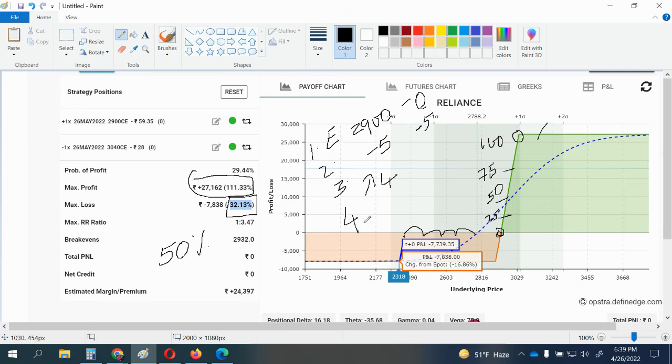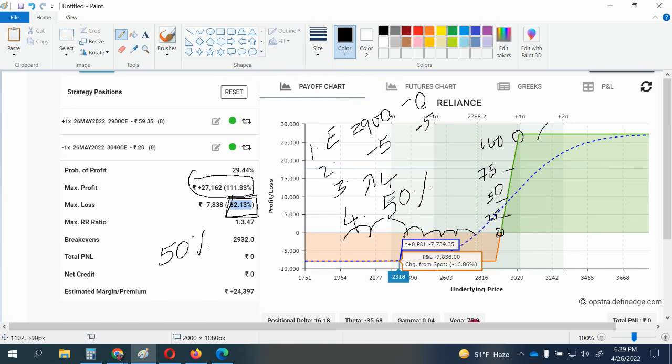If you invest in equity, you will lose 50% on your capital deployed. But when you go for a debit spread, even if it makes a lower circuit of 100% or 50%, your maximum loss would be only 32%.